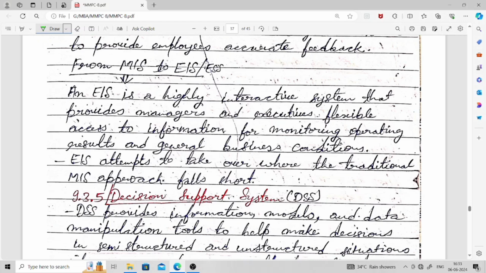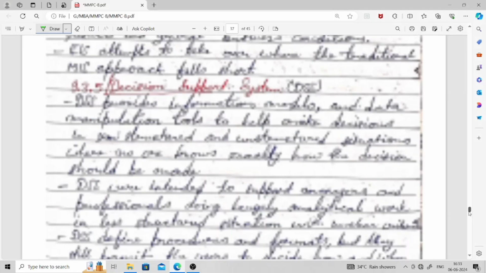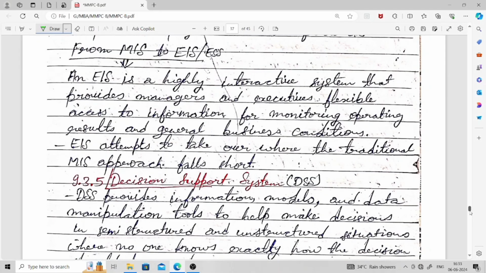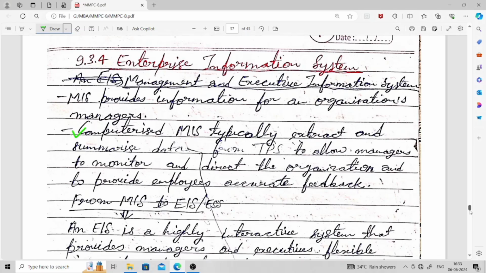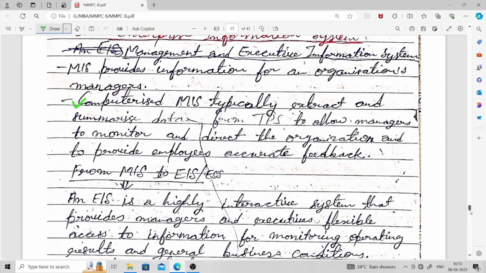That's all about the management information system and executive information system. Executive information system is also known as executive support system, because this helps executives to make better decisions. So that's all about the enterprise information system. It was the fourth one.